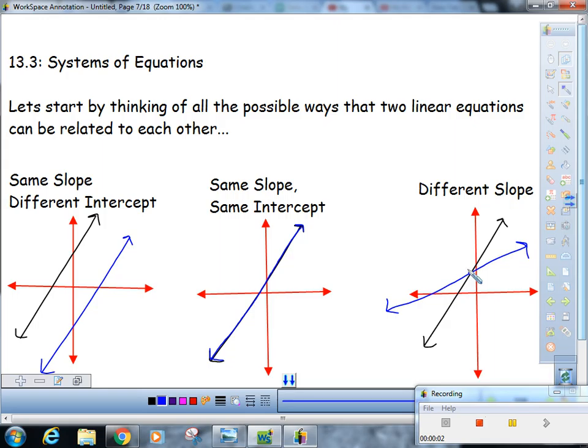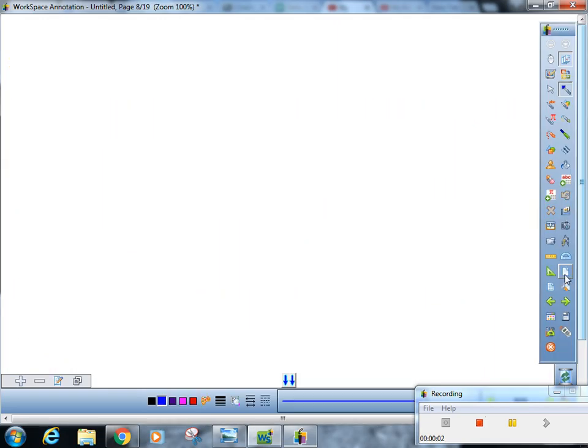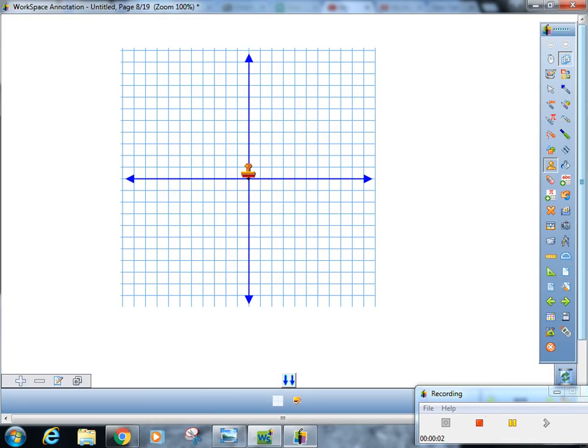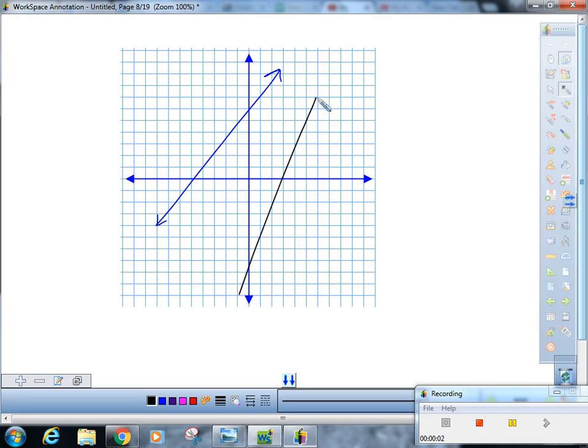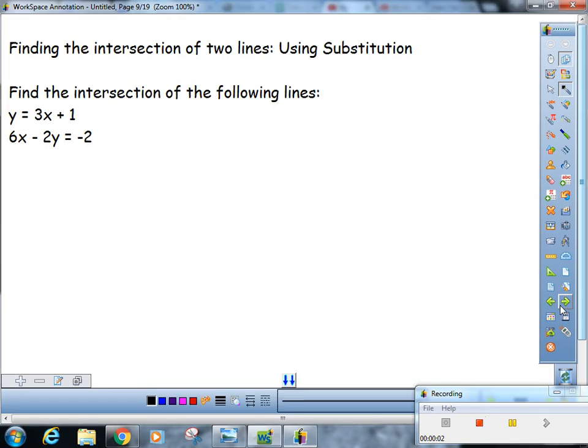So they could look something like this. Since these two lines do not have the same slopes, they are not parallel, and they eventually will intersect. Our answer will just be somewhere way up there off the screen, and that's why we're going to have to use algebra skills, not graphing skills, to figure out these solutions.